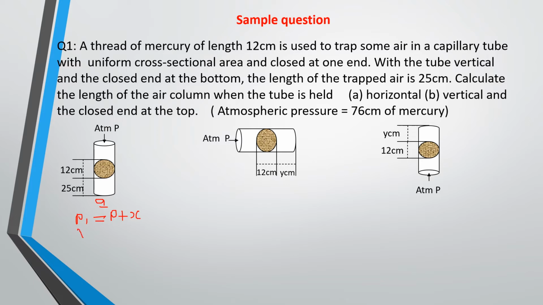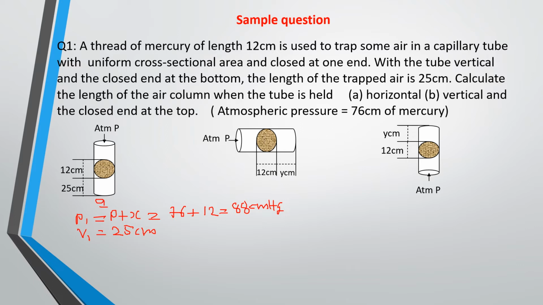Then V1 is equal to what? The length of the air column, which is 25 centimeters. And P1 is equal to atmospheric pressure, which is 76, plus the length of the mercury column, which is 12. That gives you 88 centimeters of mercury.